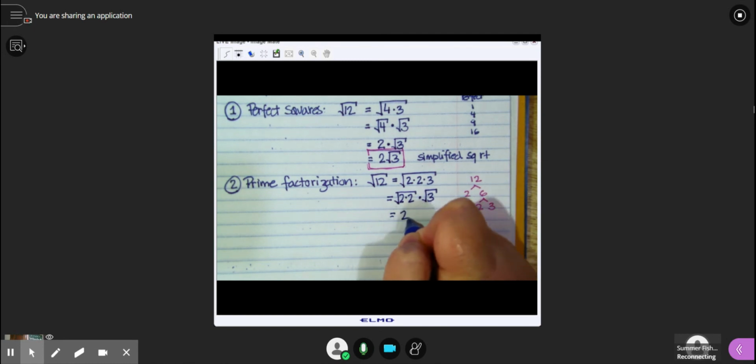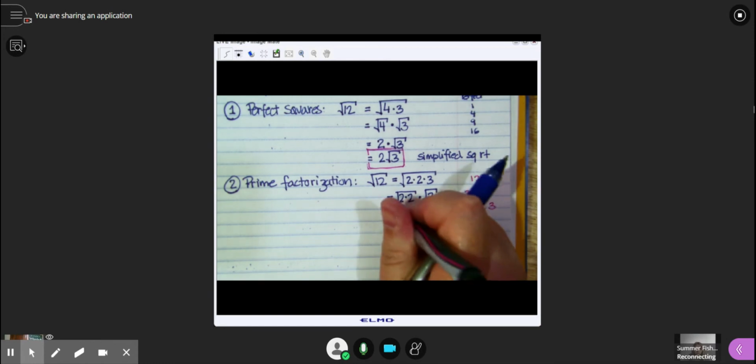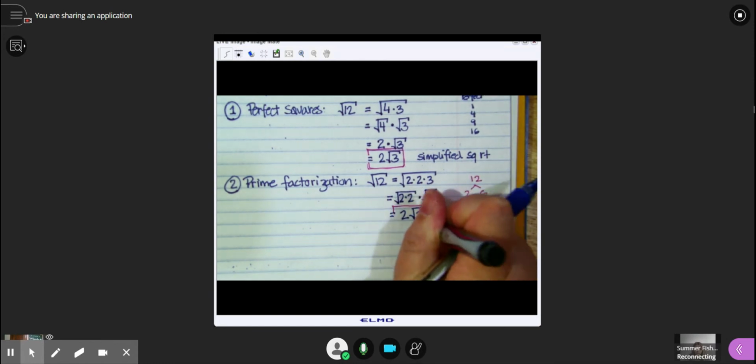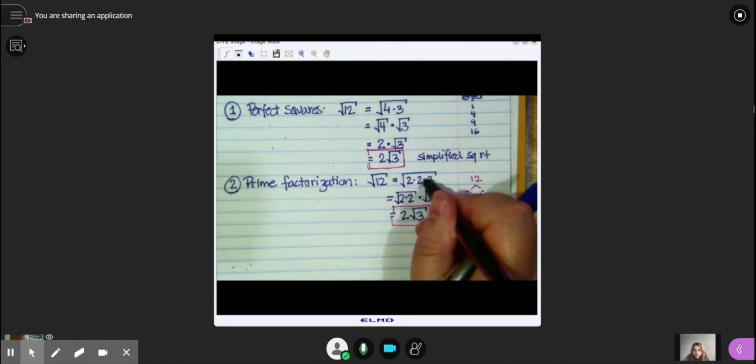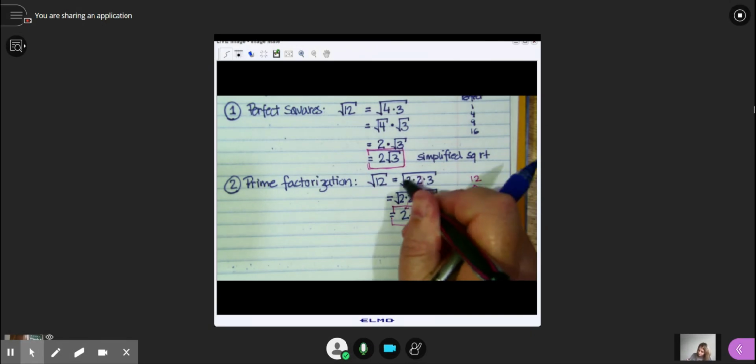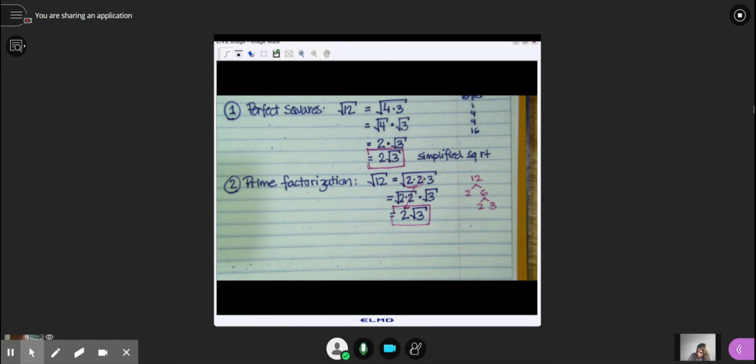So this is 2 square root of 3. Say again, Summer? Okay. Since I have 2 2's here, that 2 can come up. So 2 pairs underneath makes 1 outside.